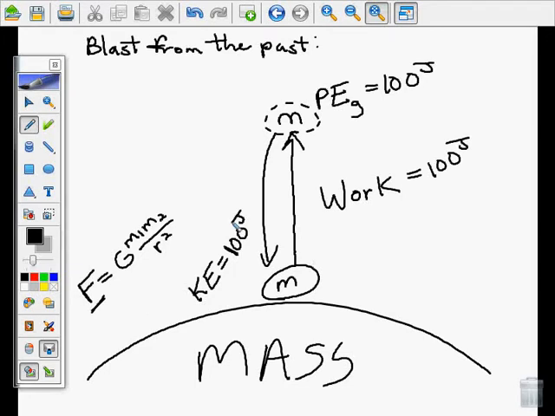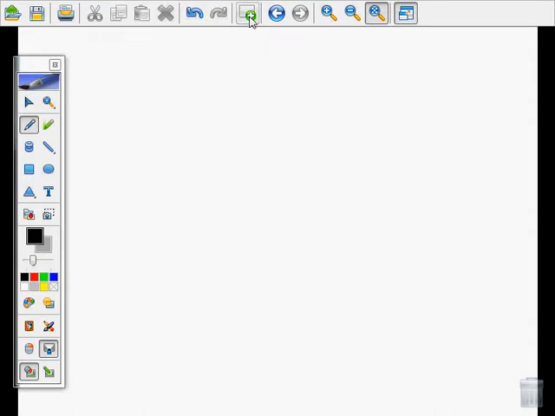Now we're going to do the same exact thing all over again, but instead of taking advantage of the attraction between two masses, we're going to take advantage of the attraction between oppositely charged objects. You all ready for this? Let's say we have a massive negatively charged object.